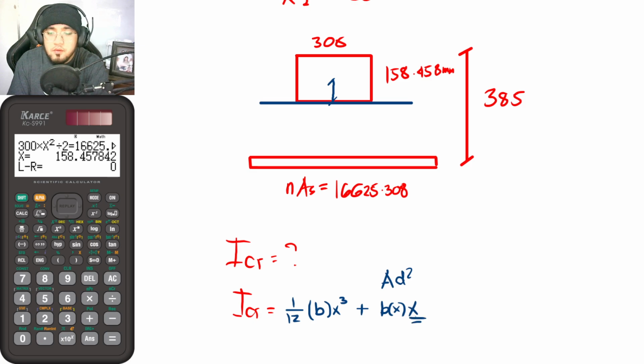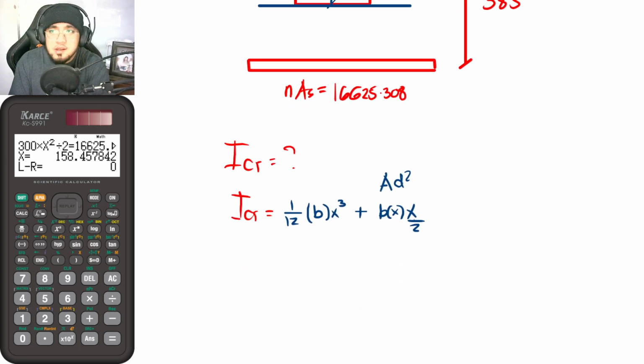So times x over 2, squared, since it is d squared. So 1 over 12 times bx cubed, plus bx cubed over 2 squared, which is bx cubed over 4.